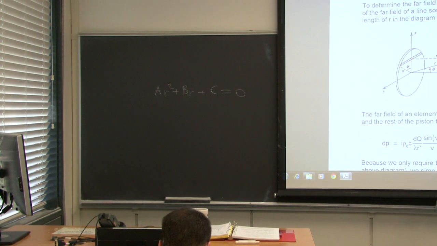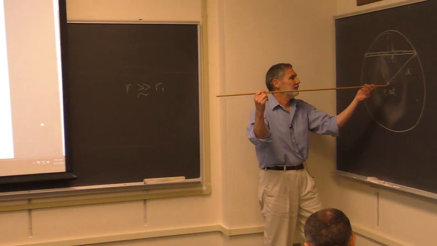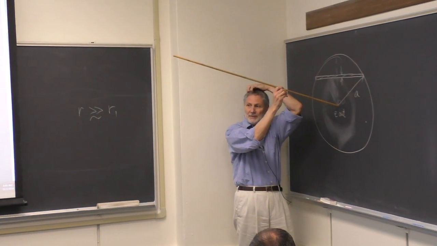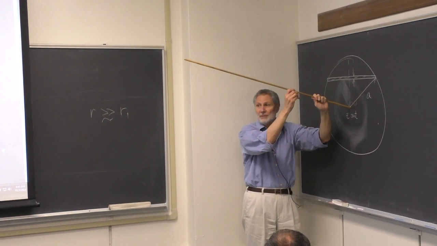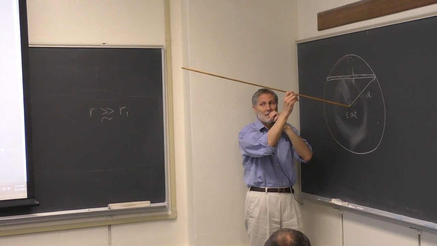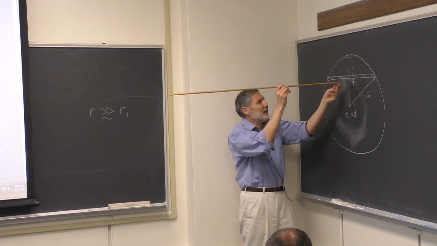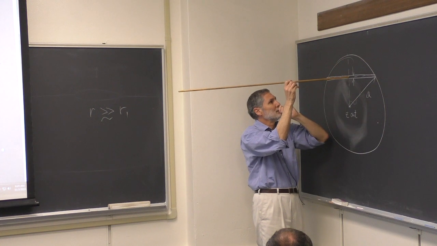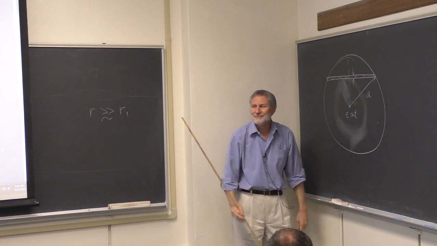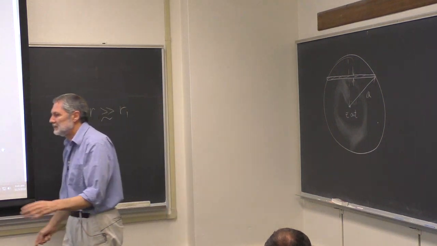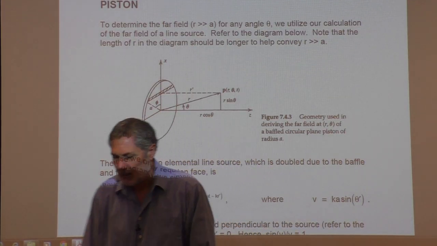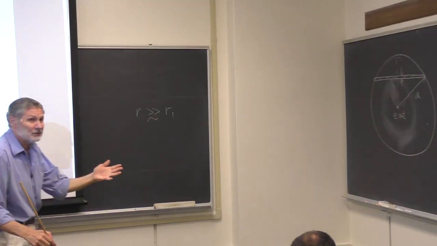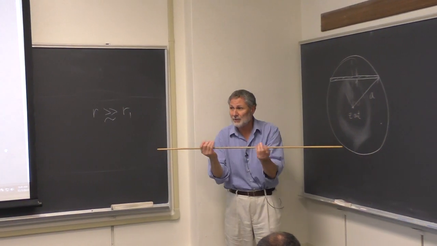Okay, so we know we're off here at some angle. If it's a small source, we know how this is going to contribute to the sound field. We in fact found it with this radiation. Oh, all right, sorry, I'm wrong. It doesn't have to be a small source. We know the exact solution for a pulsating rod.